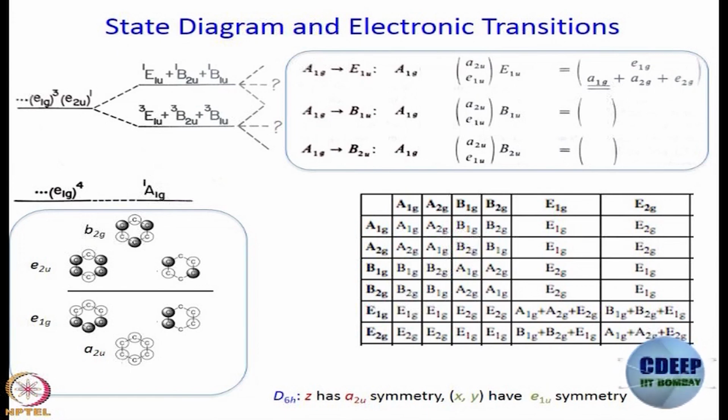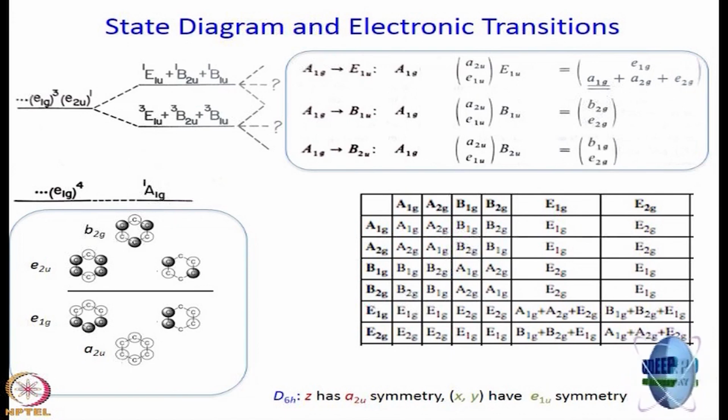What about A2u cross B1u? A2 cross B1, what do you get? B2, and should it be g or should it be u? Yeah, A2u cross B1u, g, B2g, and E1u cross B1u is also E2g.